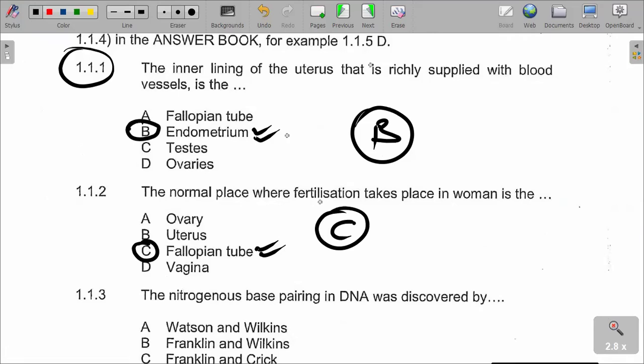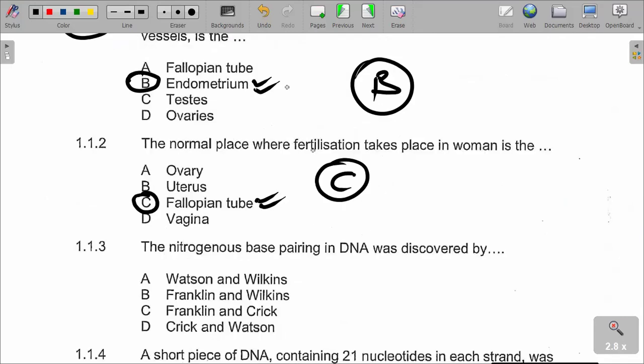And I want you to understand, quite a lot of times I have seen another question which comes in, whereby there is growth inside the fallopian tube that would disturb or prevent the zygote from moving into the uterus, which quite a lot of times is a rare case anyway, but it does happen.